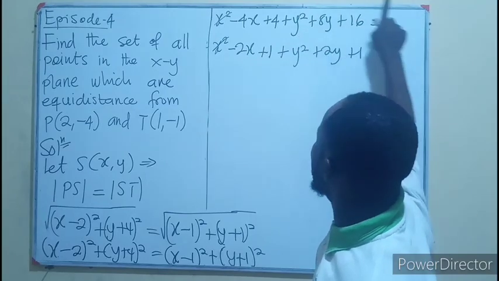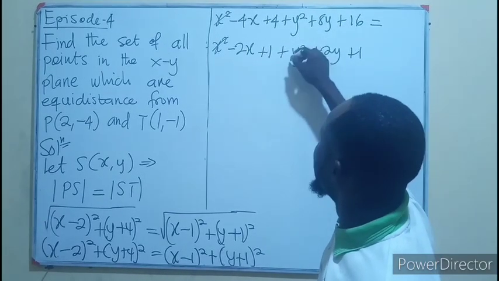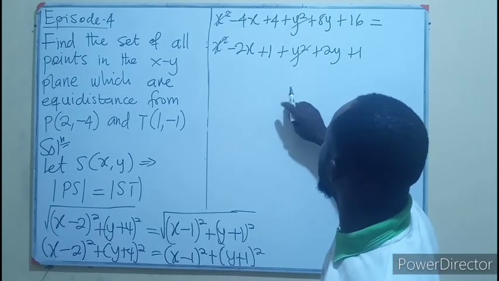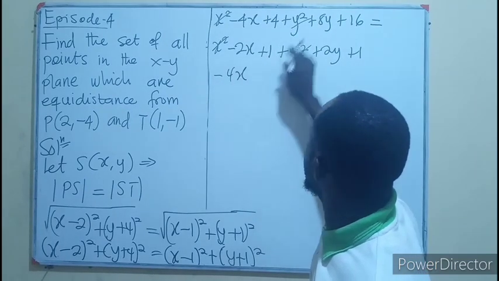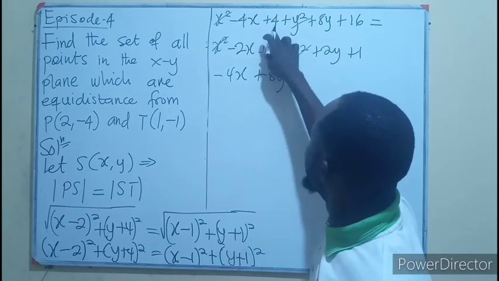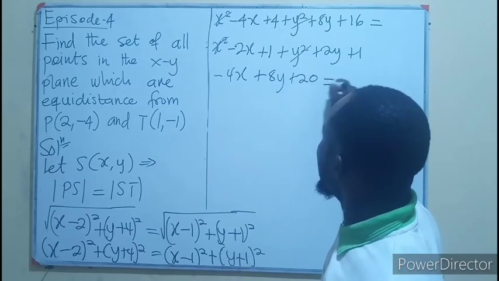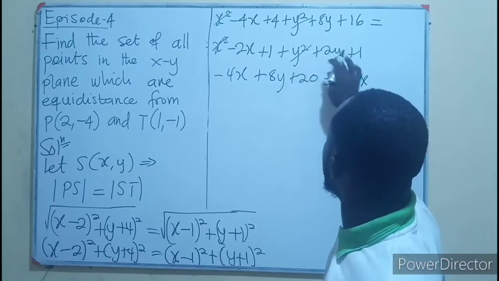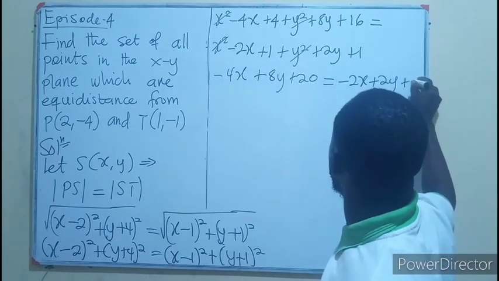When the y squared comes to the right, it will become y squared minus y squared, so this will also cancel. So we are going to be having minus 4x plus 8y, 4 plus 16, that will be 20, equals minus 2x plus 2y, 1 plus 1 will also be equal to 2.